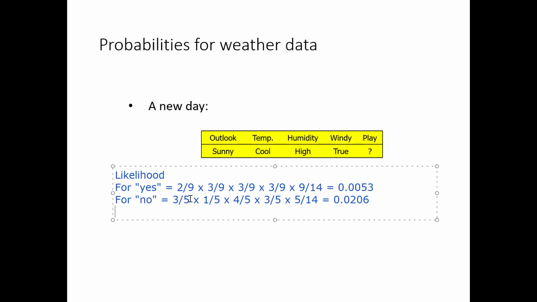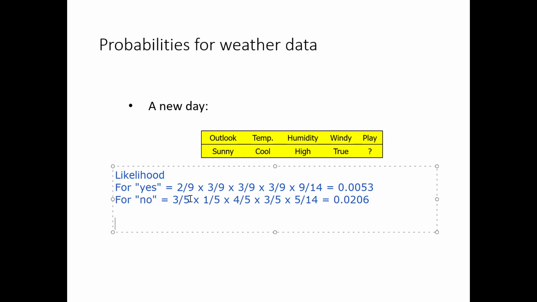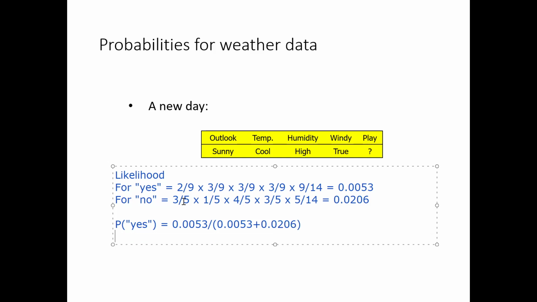We can calculate the probability of being yes: we get the value 0.0053, and we divide by the addition of both, which should normalize.